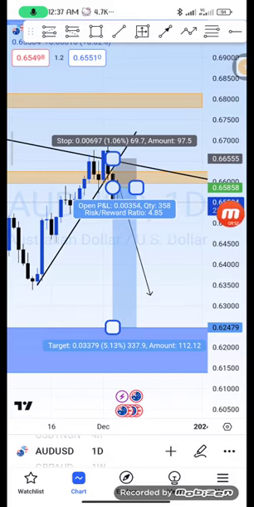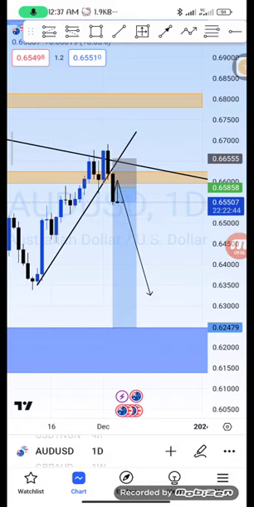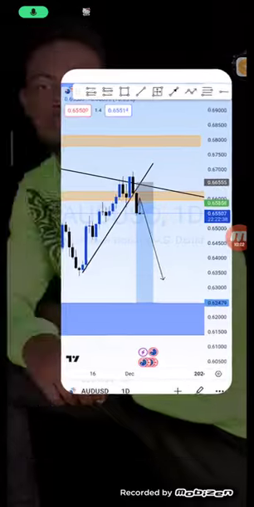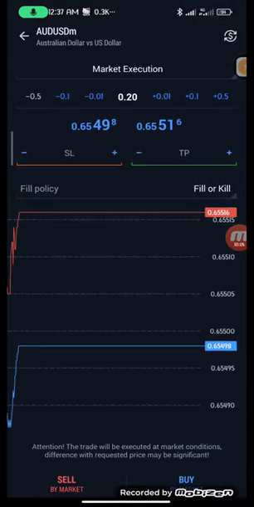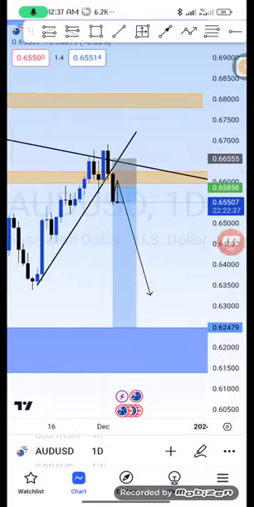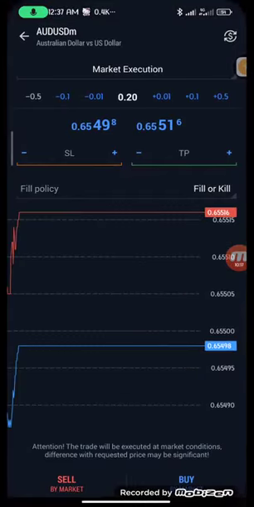You can see this is 0.65504. So we are talking about market execution. If I click buy or sell now, it means I'm buying the market at this particular price, the current price of the market. Are you getting me? So that's market execution.